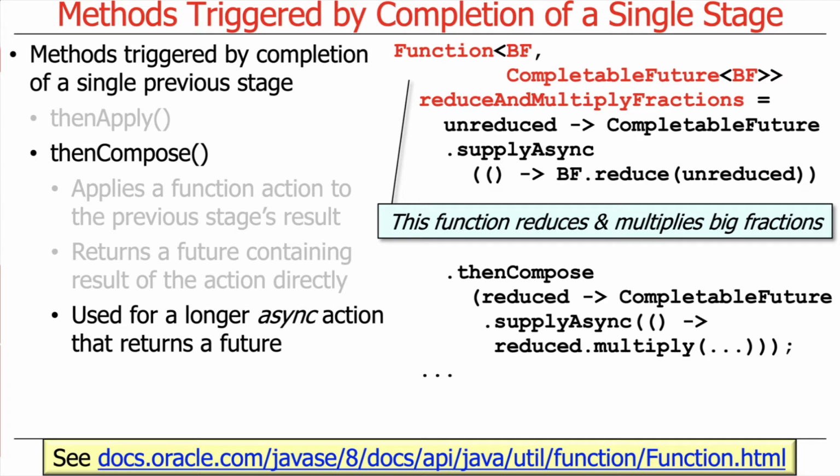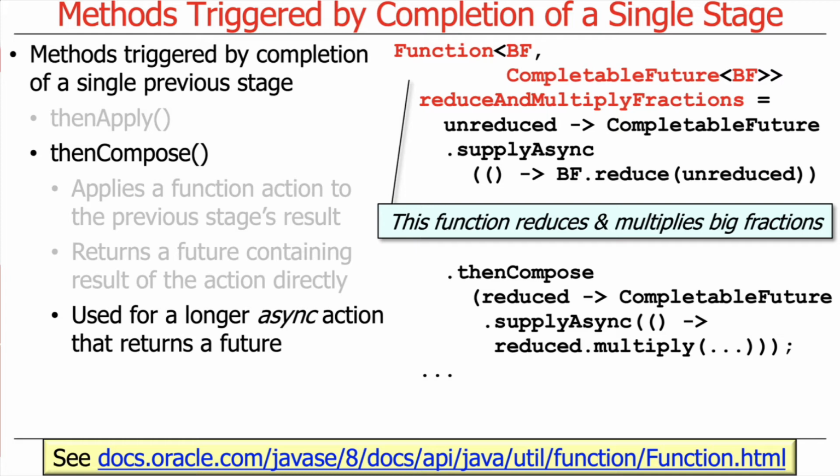What we're going to do here is define a local variable called reduceAndMultiplyFractions. As you can see, it's going to be a function, and it's going to take a big fraction. I gave it the shorthand BF because it was getting too big for the slide, but BF stands for big fraction. So we take a big fraction as the parameter to the apply method on the function, and we return a completable future of the big fraction.